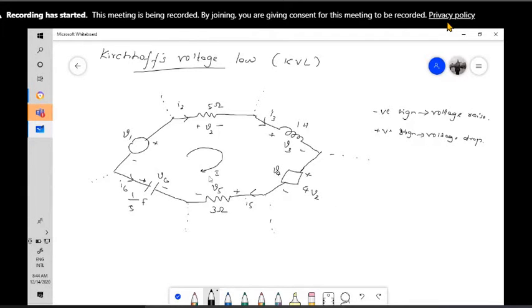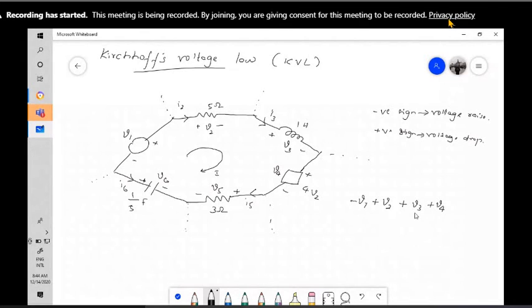So now when I am going along this path, in the case of V1 there is a voltage rise from minus to plus, so therefore I will write it as minus V1. But in the case of V2 there is a voltage drop, I will write it as plus V2, and again here there is a voltage drop, so it will be plus V3, and here again a voltage drop, I will write it as plus V4.